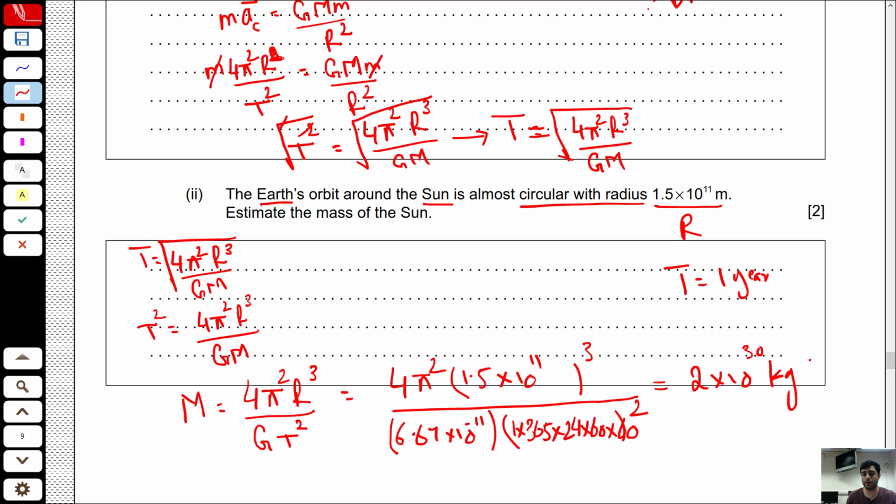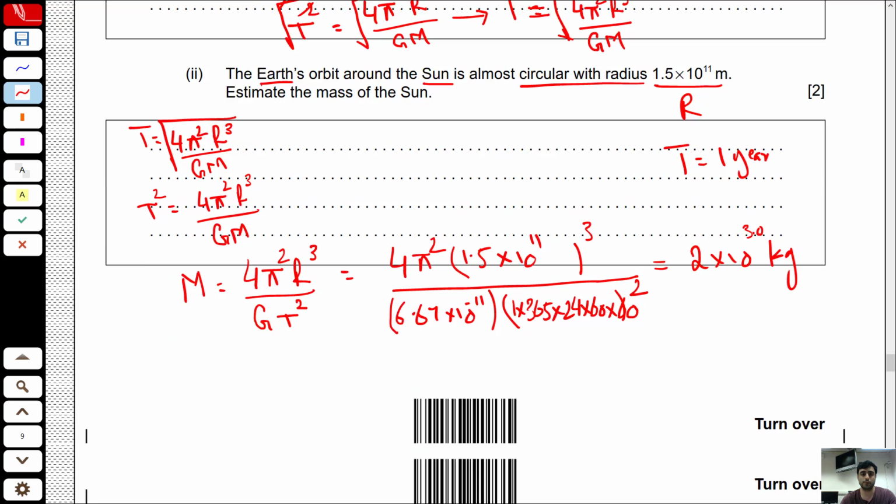That is the mass of the Sun. Just make sure that you put these brackets in the calculator. I also use the fraction option on the calculator if it has one. So the orbital time period of the Earth around the Sun is 1 year, whereas the time period of the Earth rotating around its own axis is 24 hours, 1 day.